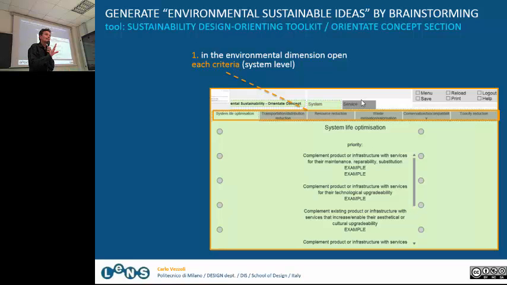And we have 6 idea tables for the environmental dimension in this case. Each idea table is related to one of the 6 criteria that we have evaluated right before. And they are the same criteria that we have been studying during the course, with the guidelines, examples, and so on. Okay?